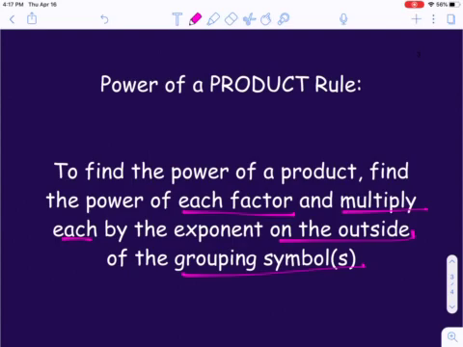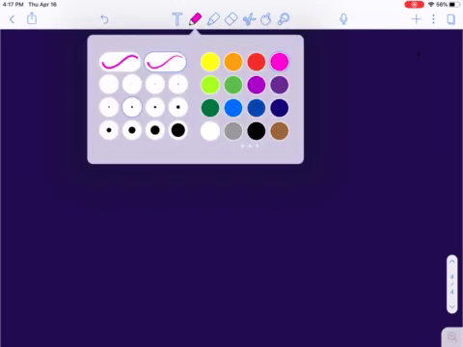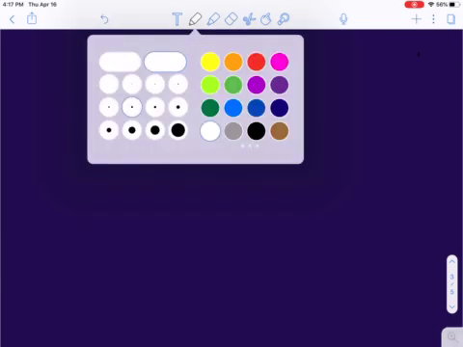So we're going to look back at that same exact example again. I'm going to write this out one more time, not the expanded way, just the simplified way. So we have this. What the rule says is that I'm going to look at each factor.